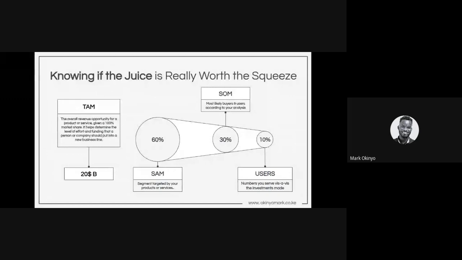Then you get into your serviceable available market. In terms of how many of them are actually digitally ready, it could be the tools they're using, or the customer segments they're looking at, you put that in there. And then how many actually just need UX, that means they are also in the business of offering UX services to other clients. So this is potentially a business as opposed to an individual, and that number now starts to decrease.